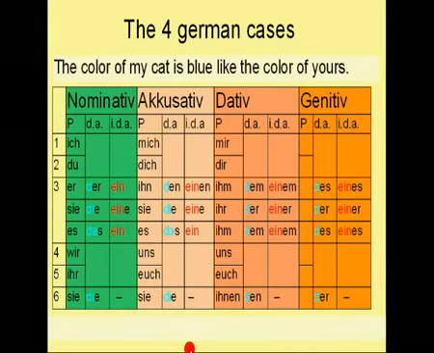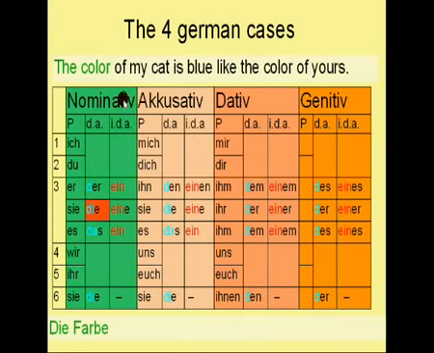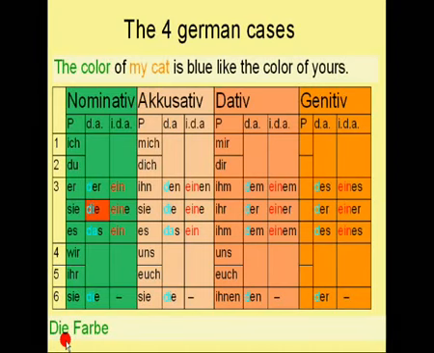Let's try another one. The color of my cat is blue, like the color of yours. The color is the subject of the sentence and therefore in the nominative case. And the definite article of color in German is die, because color is a feminine noun in German, so the sentence starts with die Farbe. My cat is in the genitive case and indicates the possessor.